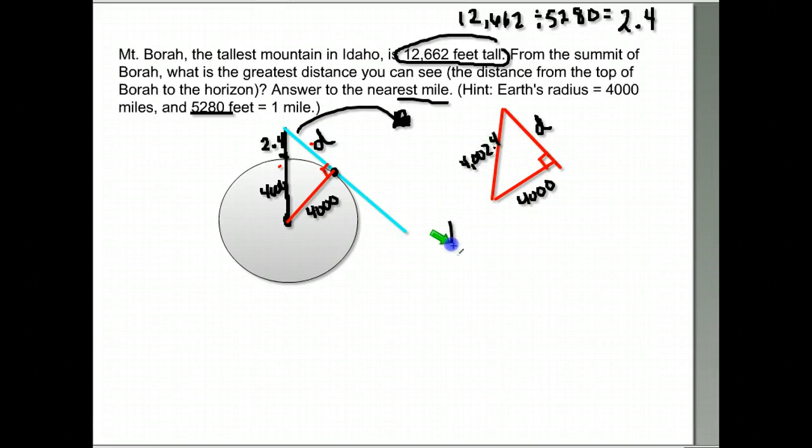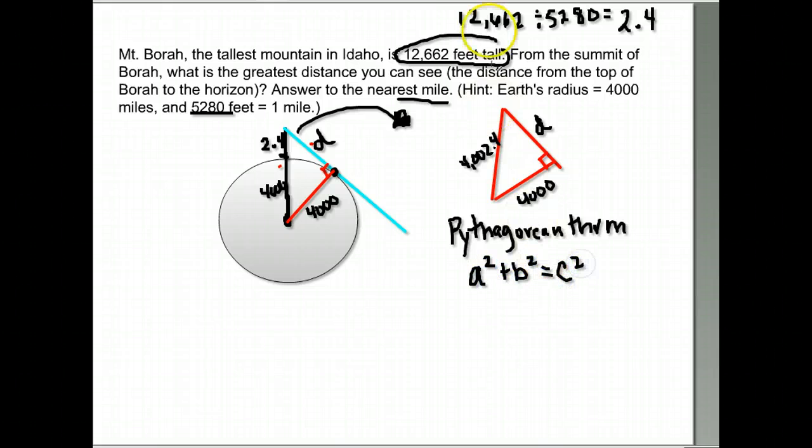Let's use the Pythagorean theorem. Remember, it says that a squared plus b squared equals c squared. Very specifically, a and b are the legs, so our legs for our triangle are the d and the 4,000.